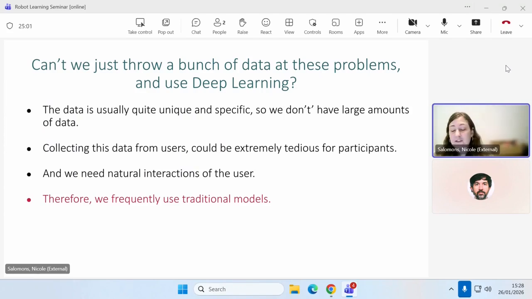We could try to collect a lot of this data, but often that would be very, very tedious for participants. And we want those real natural interactions of the user. So frequently we use more traditional models, but also mix, of course, with some deep learning models. So later on, I'll show you one of the traditional models that I've been using throughout my experiments.